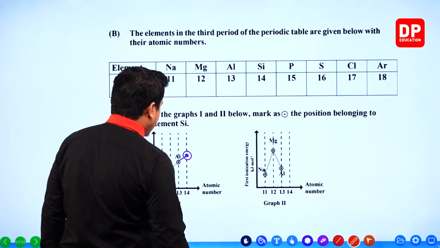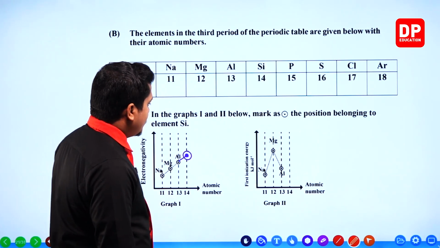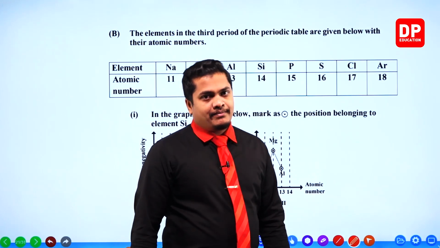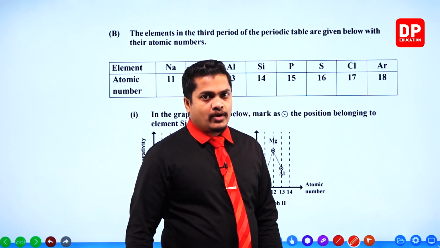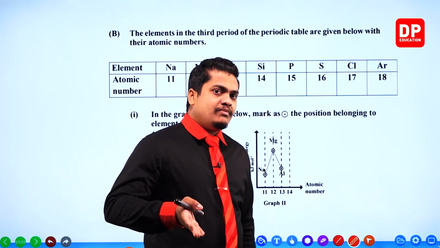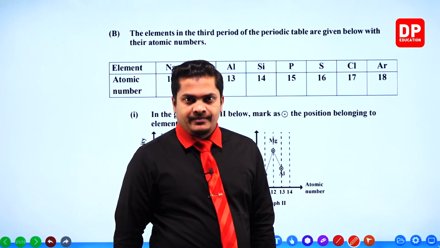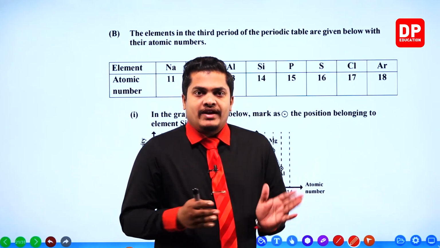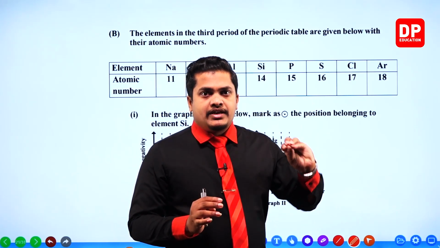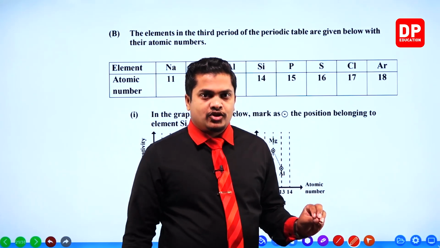This is silicon, number 14. Right? Then in here, once again the same thing can be observed. When moving from left to right, the ionization energy is going to increase. Ionization means the ability of removing electrons by giving a certain energy. We know that we have to provide some amount of energy to remove an electron from the atom, because the nucleus of the atom is positively charged and the electrons are negatively charged.